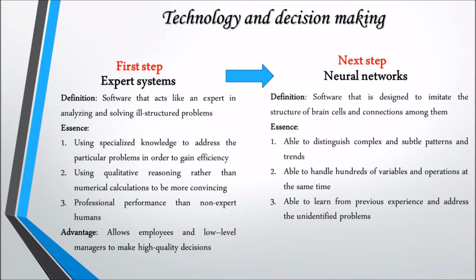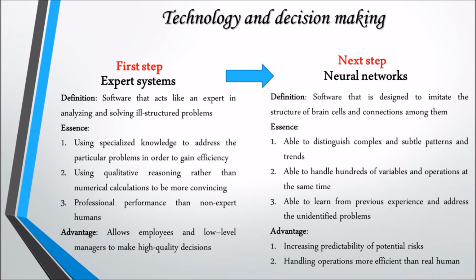Also, it is able to handle hundreds of variables and connections at the same time, which is impossible for humans. And it could learn from previous experience and address unidentified problems, while expert systems can only search for existing ones. By using the system, people could predict potential risks as it shows the direction that the problem is leading to, and it is more time-saving.